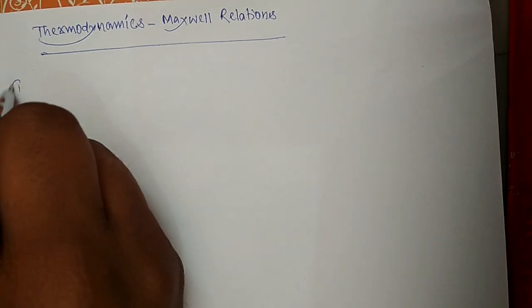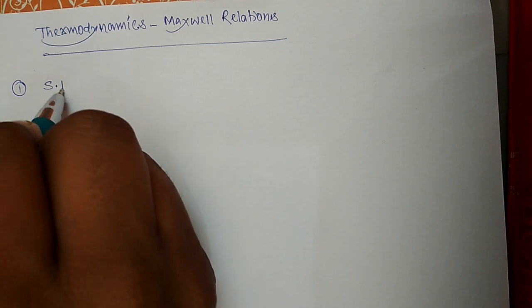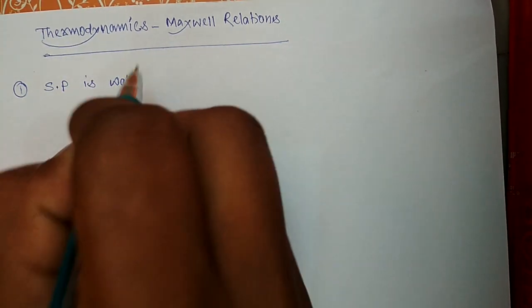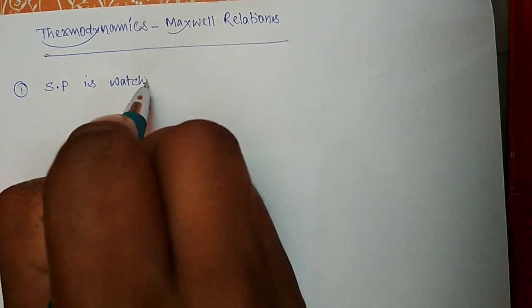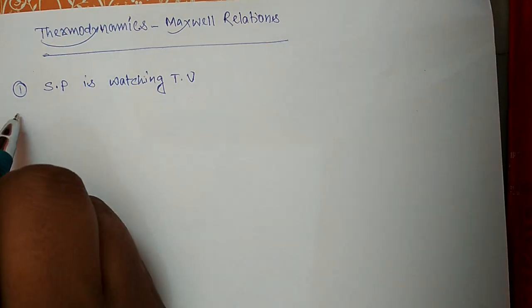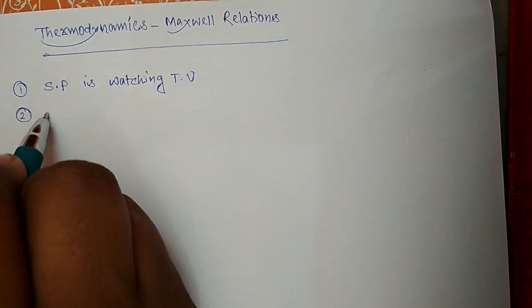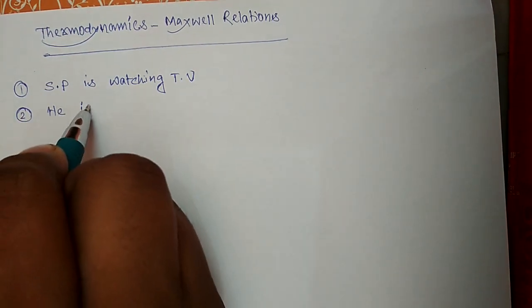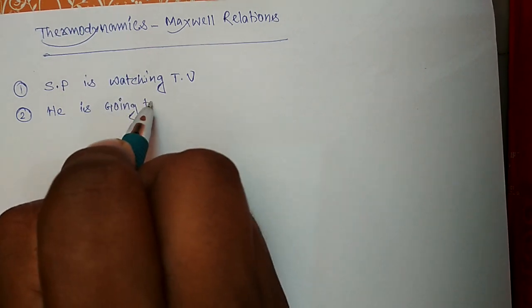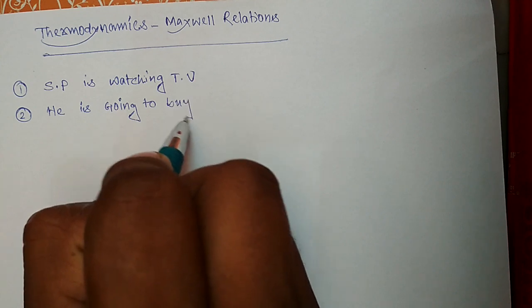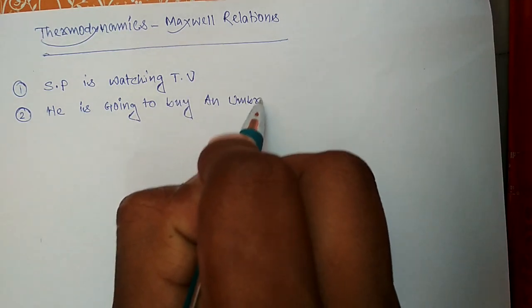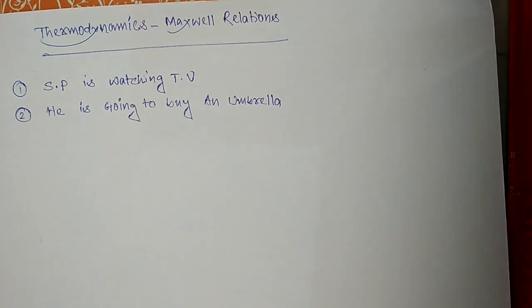The first one is "SP is watching TV." And the second one is "He is going to buy an umbrella."